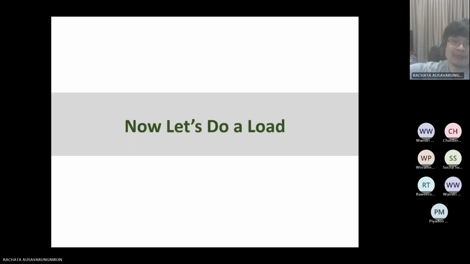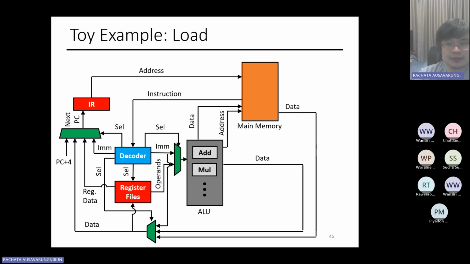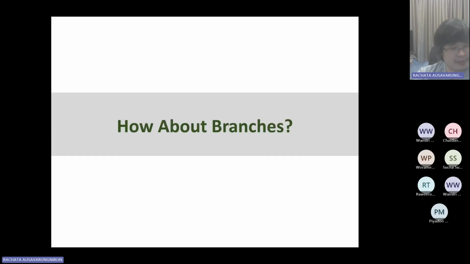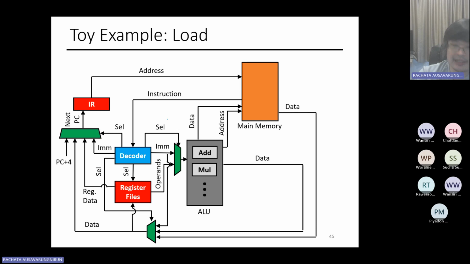All right. We can also extend this to do a load. A load is, to be honest, exactly the same thing that happened. You figure out here this is your instruction, and the instruction is put to the decoder. It's like, oh, okay, it's a load. What does a load do?